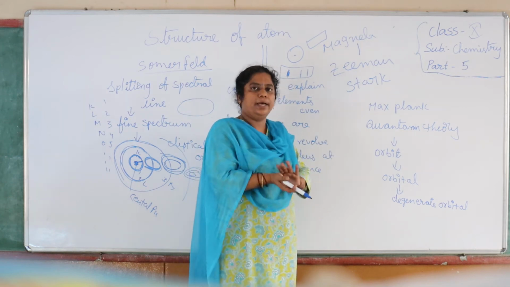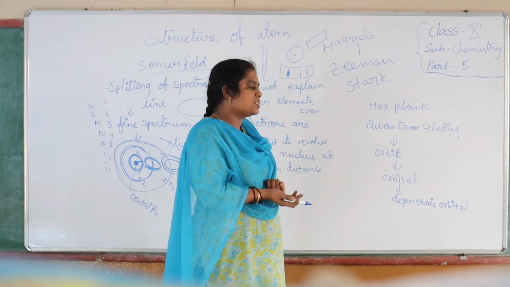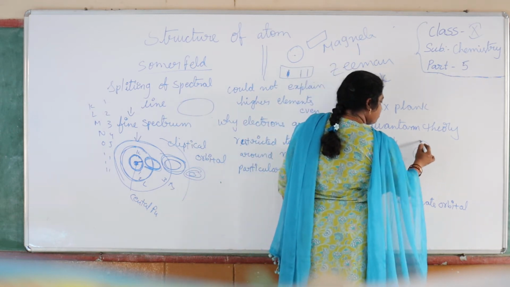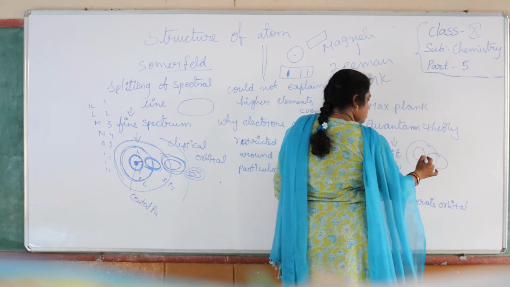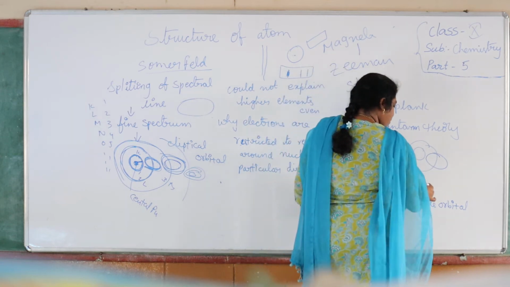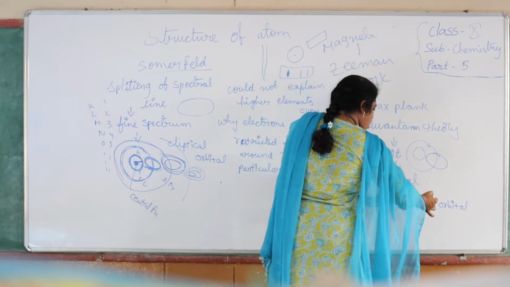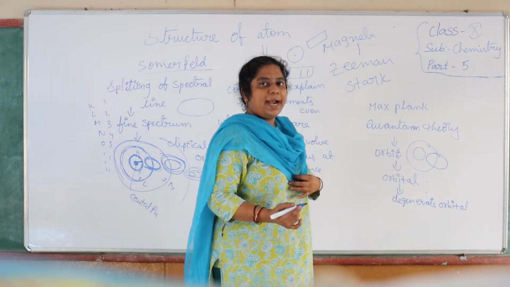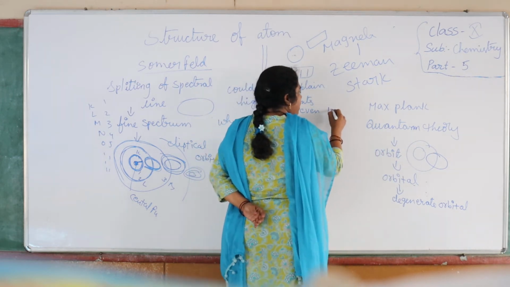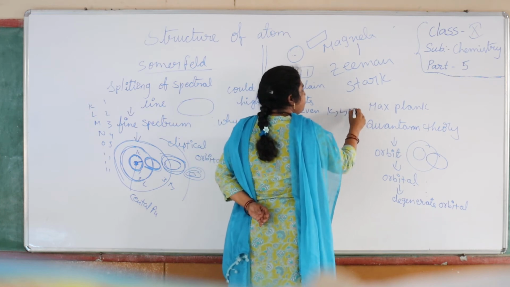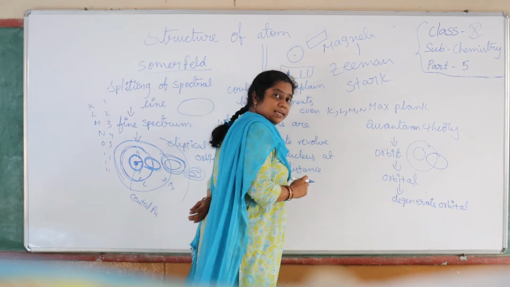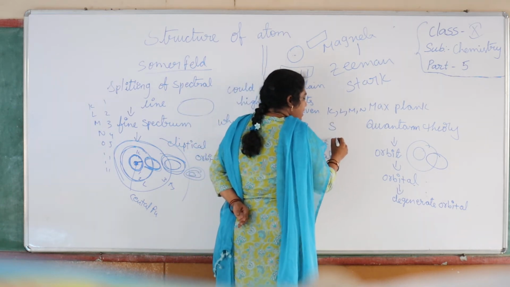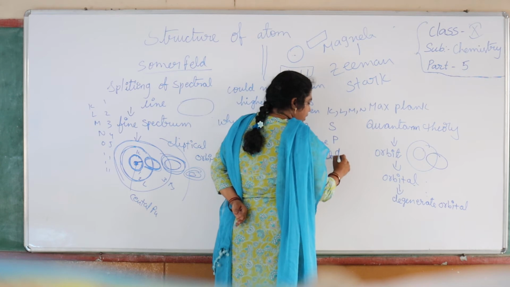In his model, he told that atoms consist of orbits, orbits consist of orbitals, and orbitals consist of degenerate orbits. So atoms consist of orbits like K, L, M, N, and these orbits consist of orbitals like S, P, D.